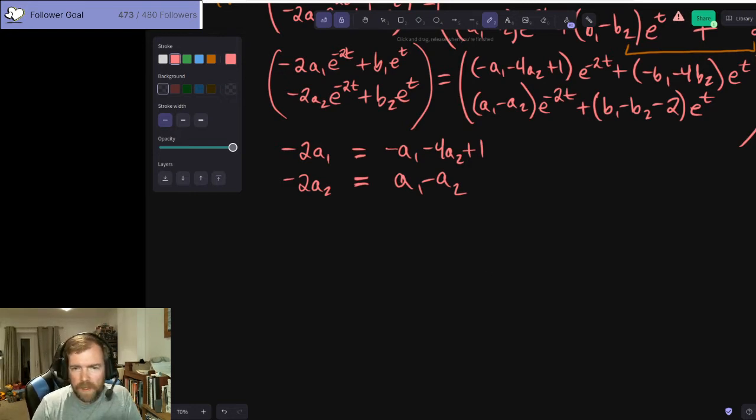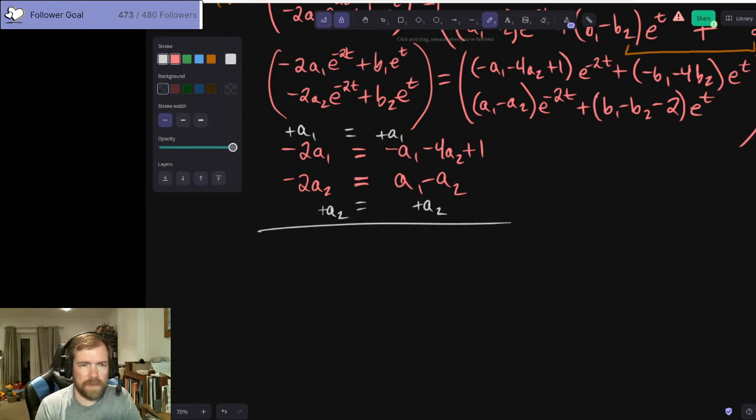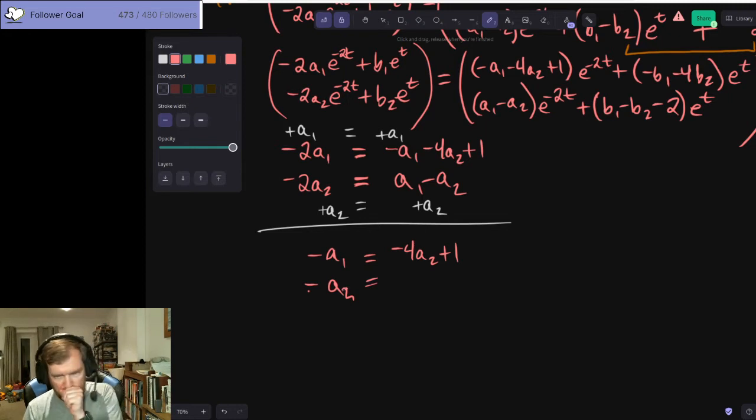Okay, so yeah, if we add a1 to the first equation and add a2 to the second equation, it simplifies things rather nicely. So we end up with a negative a1 and a negative a2, which are individually equal to negative 4a2 plus 1 and a1.